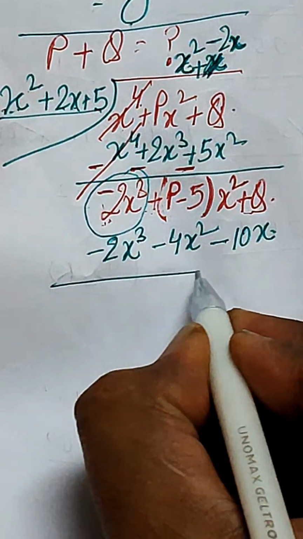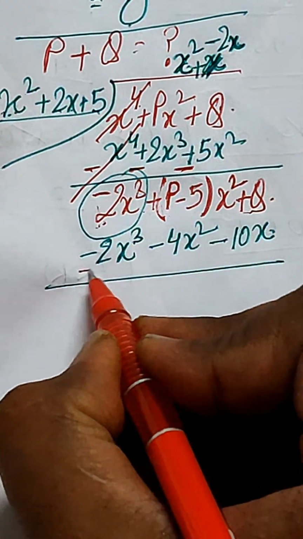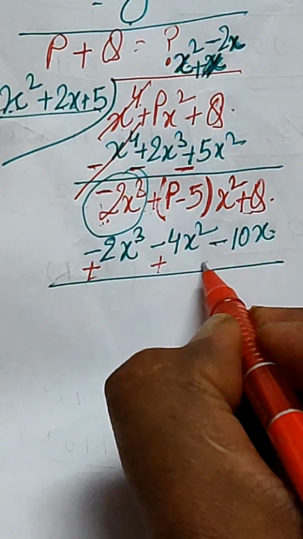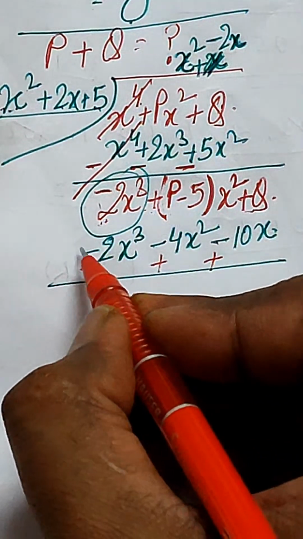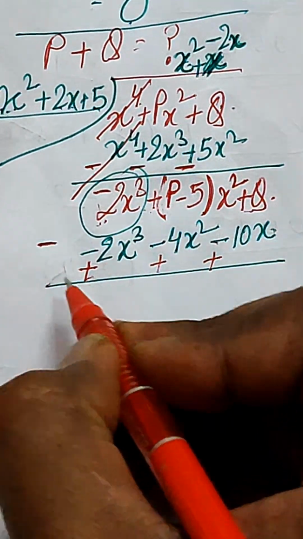Now minus will be changed to plus, and this minus is also changed to plus, and this minus will be changed to plus, because this complete term is under subtraction.